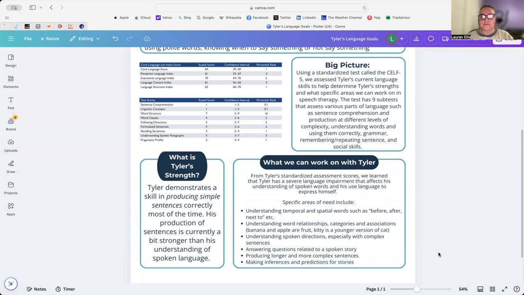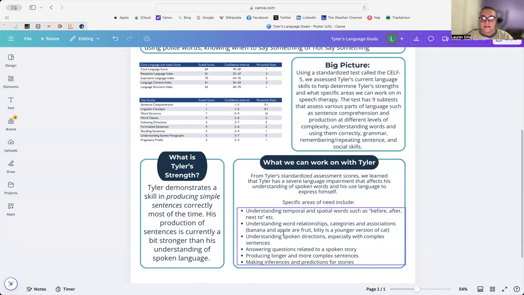And I think there's lots of nuances when taking a standardized assessment that might make students perform more poorly, if it's a stressful situation, if there just weren't enough questions that tested a specific area. All of these things, we want to make sure we're really getting the best picture of Tyler's performance. So now that we've done this assessment, we're going to take some of these areas and learn even more about how Tyler's performing in them.